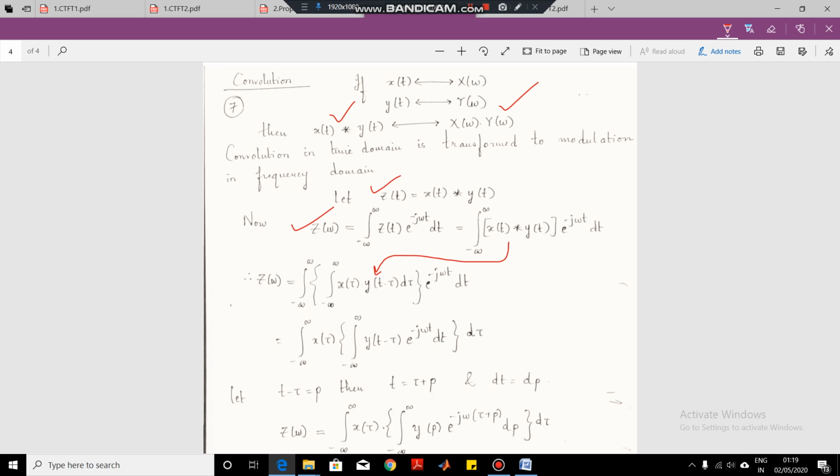This is the convolution integral. Here the signals are continuous time, so we have to use the convolution integral. The convolution of x of t with h of t is equal to the integration from minus infinity to infinity of x of tau into h of t minus tau. Instead of h of t minus tau, here we have y of t minus tau.